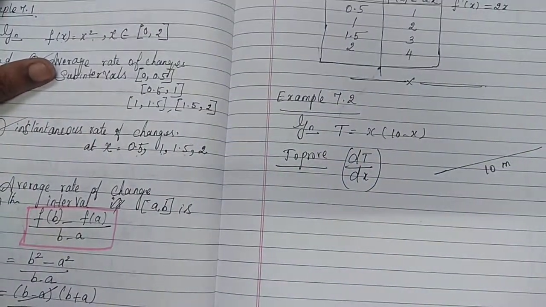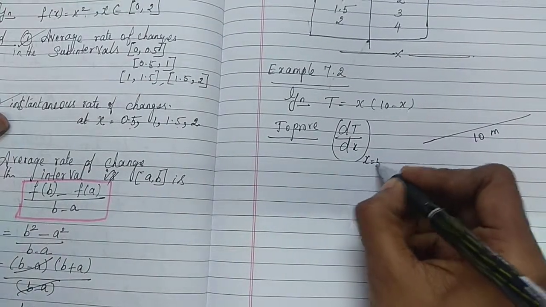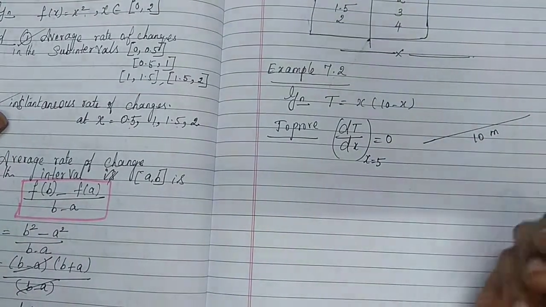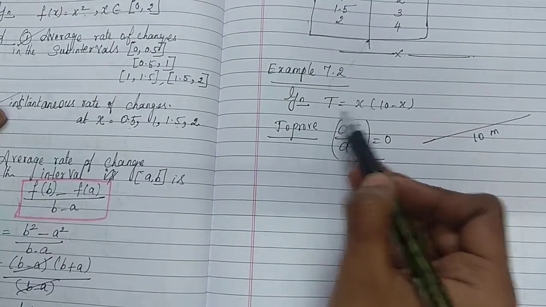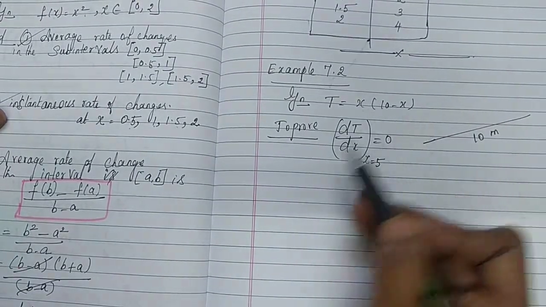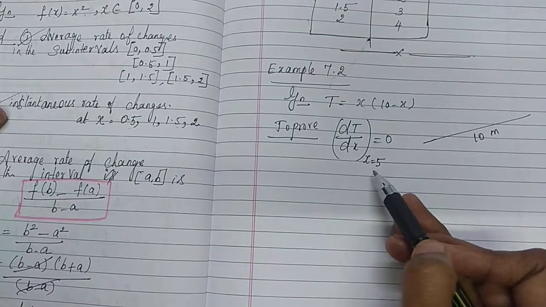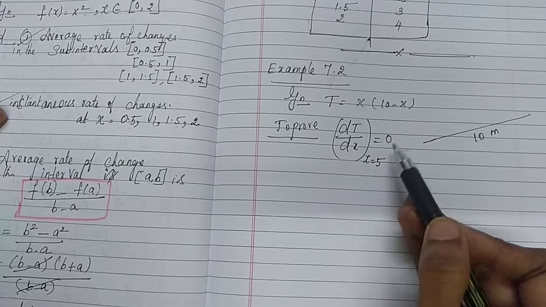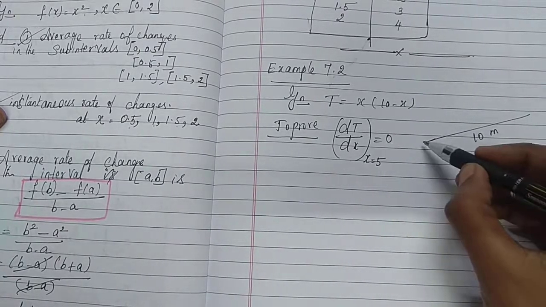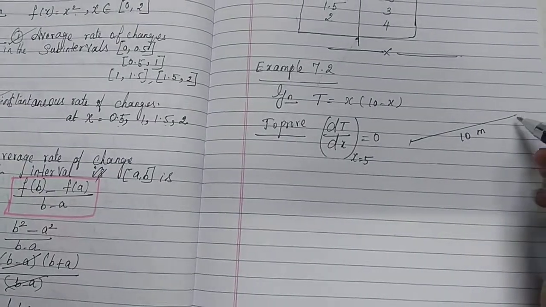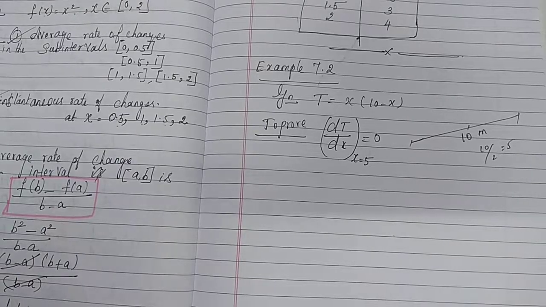So dt by dx at x is equal to 5 equals 0. Here x takes the value 5 because our rod length is 10 meter. The midpoint means 10 by 2 is equal to 5.